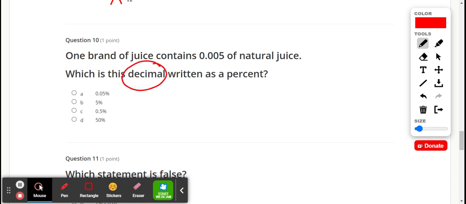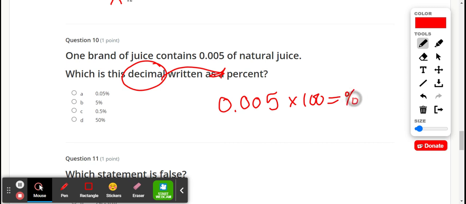The decimal written as a percent. So here we have our decimal place value. You need to multiply by 100 to get percent. That means moving it over 2 decimal place values. So once you move it over 2 decimal place values, that's going to be 0.5, and then we put the percent symbol on there.